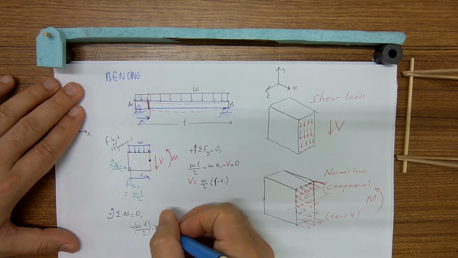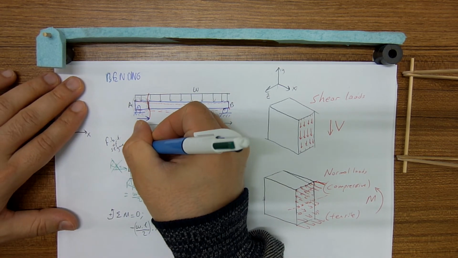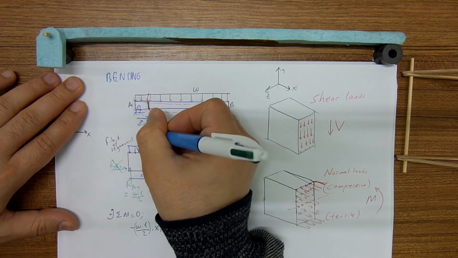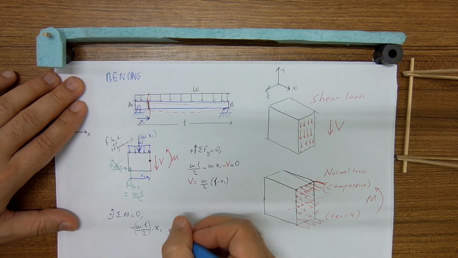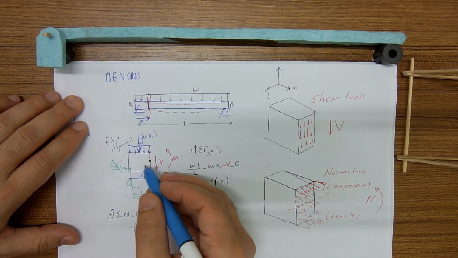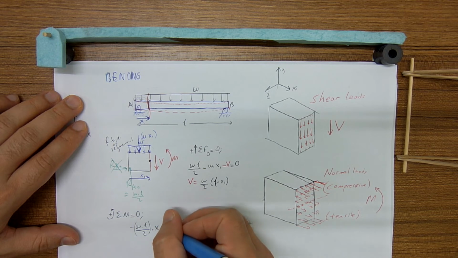W is causing, we can show the resultant of W. Resultant of W is this, W times x1. It is trying to rotate the segment in counterclockwise direction.